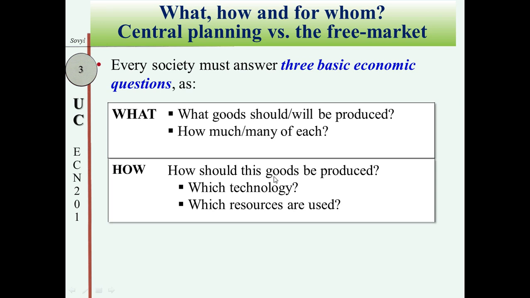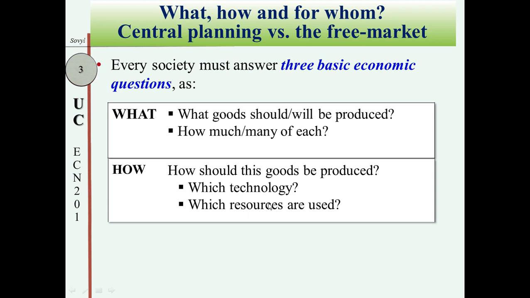how should this good be produced? Can Cambodia answer this one? Or talking about other countries as well. How should this good be produced? In order to produce goods or services, we need technology and resources.